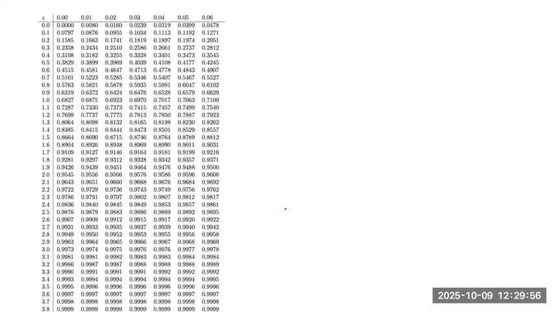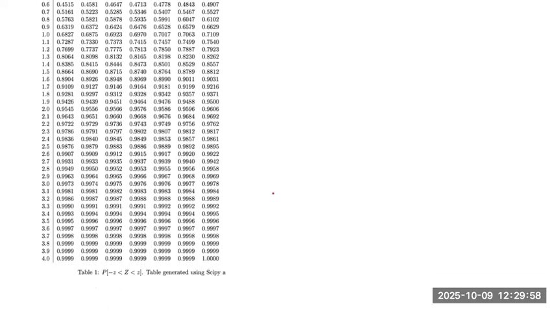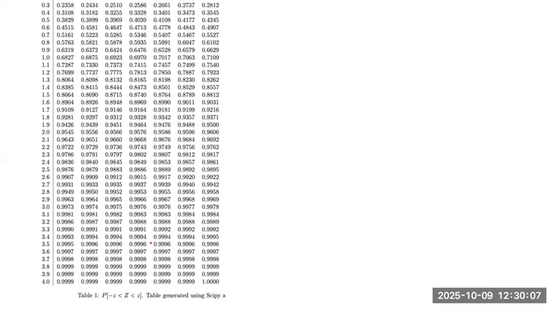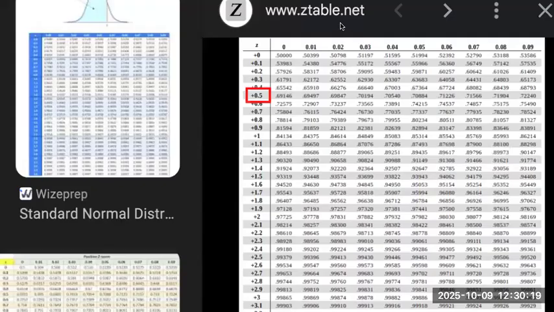So actually, this z-table is a little different than our normal z-tables since it gives you the probability from negative z to z. It's a little different than a normal z-table, and I'll show you what a normal z-table looks like. This is what a normal z-table looks like. You'll notice that at the z-score of 0, we have 0.5, which is the area under the curve, and that is expected.